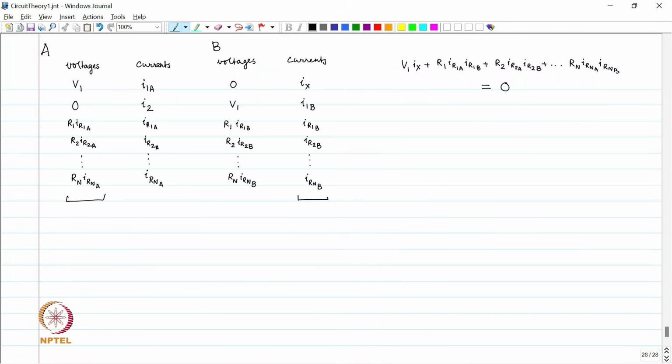and this is also equal to the dot product of these two. What is the dot product of these two? I1A times 0, which I do not need to write.